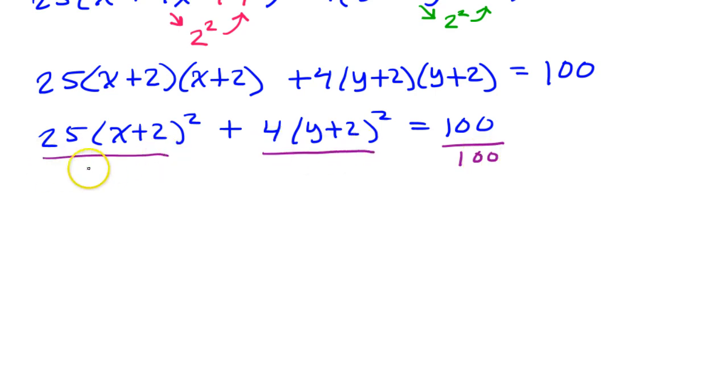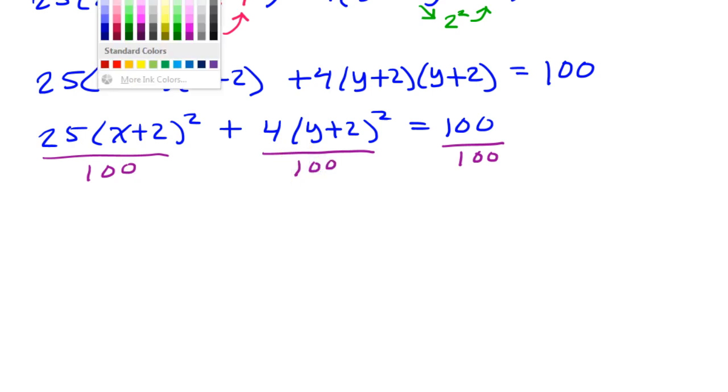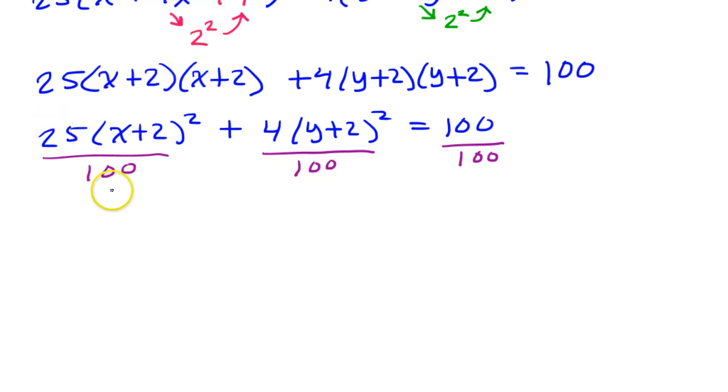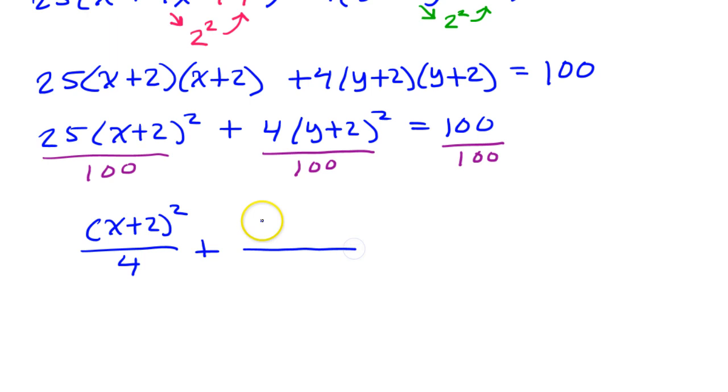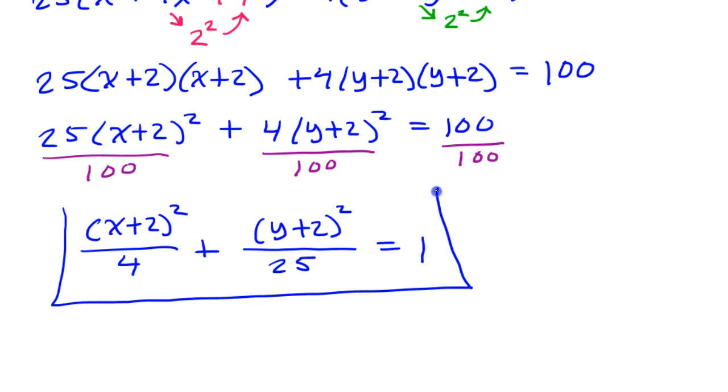And we need to divide both sides of the equation by 100, which really just boils down to reducing these fractions. 25 goes into 100 4 times, so I will have x plus 2 squared over 4. 4 goes into 100 25 times, so I will have y plus 2 squared over 25 is equal to 1. And this is the standard form equation of the ellipse.